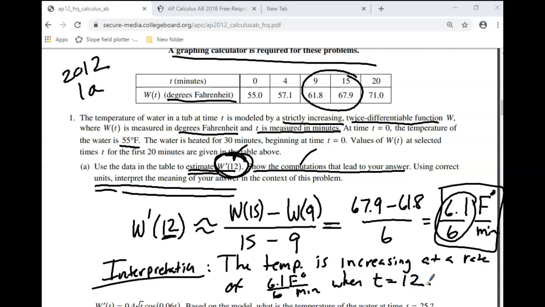Okay? And I guess you could say technically, since it's not really the instantaneous rate of change, it's just an estimation, we could say the temperature is increasing at a rate of approximately, you could say.